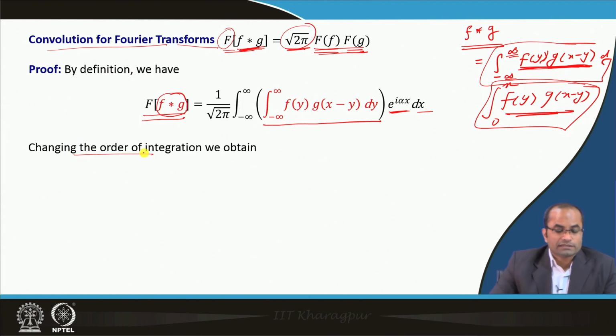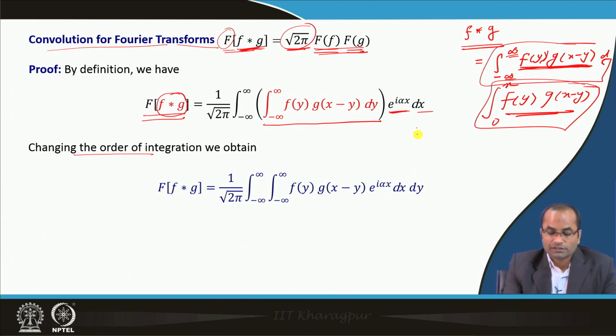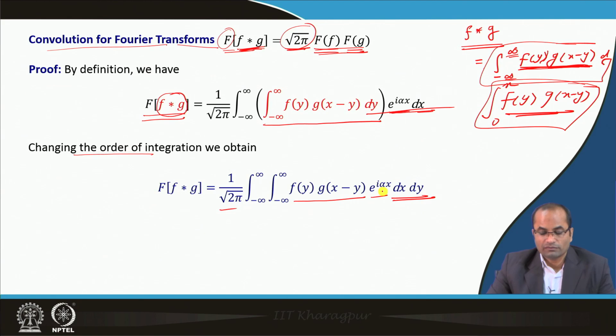The trick here is to change the order of integration. So, instead of dy dx, we now have dx dy, with 1 over square root 2 pi, the product as it is, and e power i alpha x.